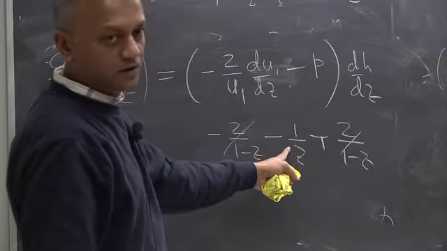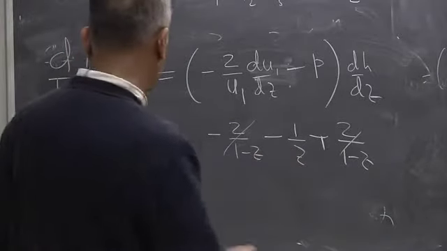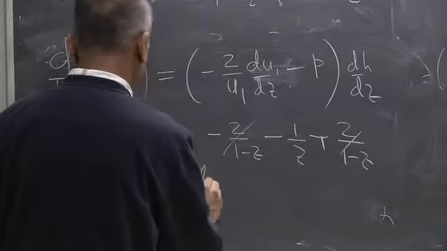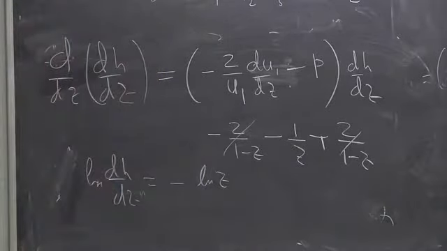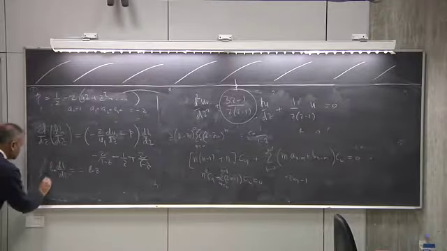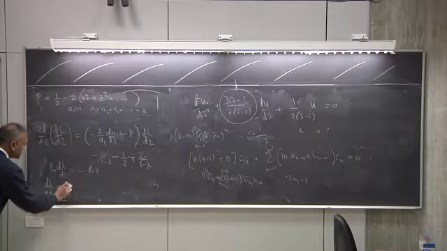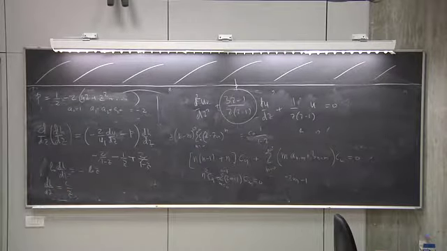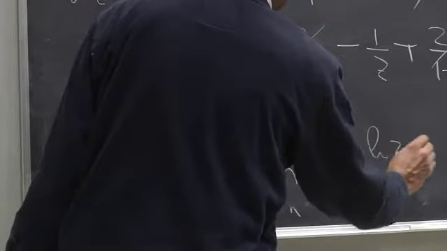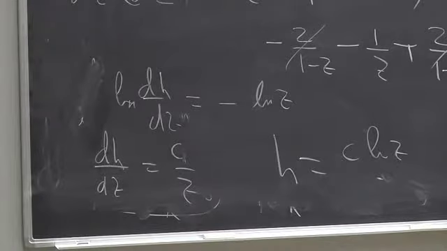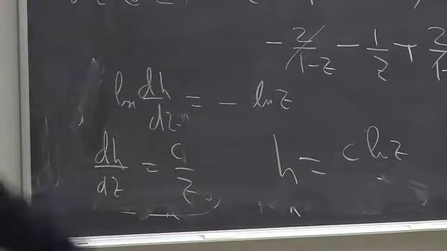So it's minus log z. So dh by dz is simply 1 over z times some constant. And therefore, h is c log z plus another constant.